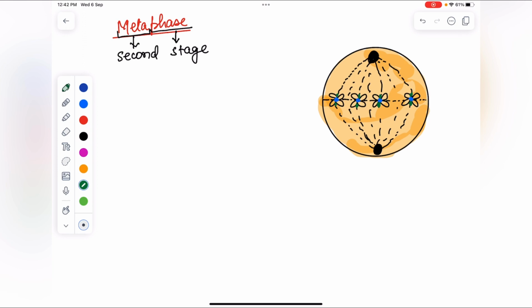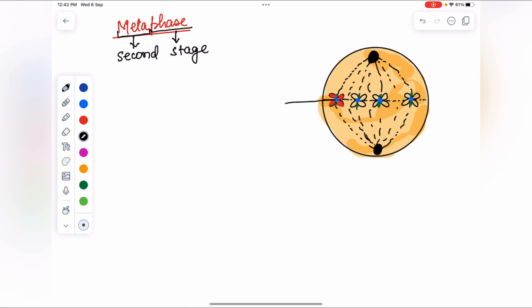This is a chromosome attached with the sister chromatids, and this is the centromere by which these two sister chromatids are attached.